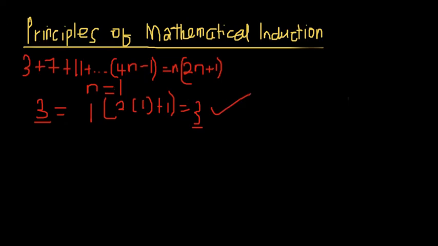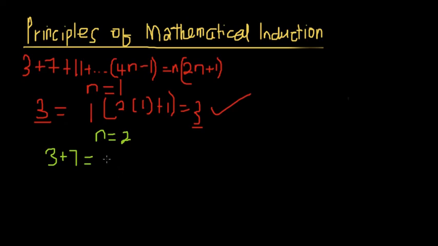Let's move on and pick another value for n. Let's say n is equal to 2. It means that we are picking two values from this side. So we have 3 plus 7, which should be equal to the right hand side.